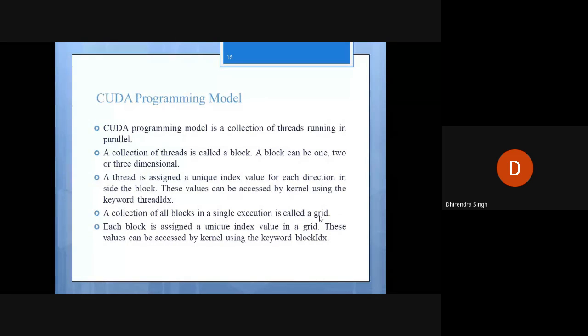Very similar to every thread inside a block having a unique ID, every block inside a grid, this collection of blocks called a grid, will have a unique block ID. That block ID will be accessed by blockIdx.x, a built-in variable which is available in CUDA programming.